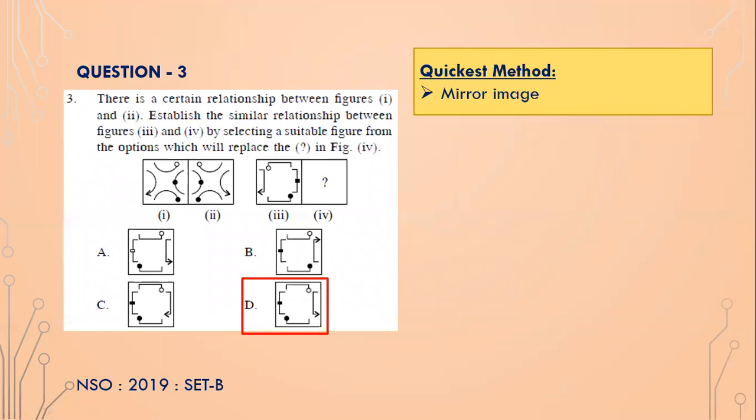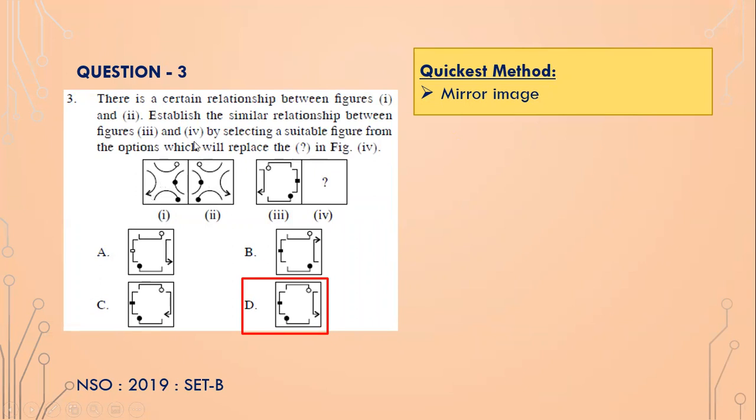There is a certain relationship between figures 1 and 2. Establish the similar relationship between figures 3 and 4 by selecting a suitable figure from the options which will replace the question mark. So what is the relationship? This is a mirror image, isn't it? The circle is pointing left here, and this circle is pointing right. This arrow is pointing like this.